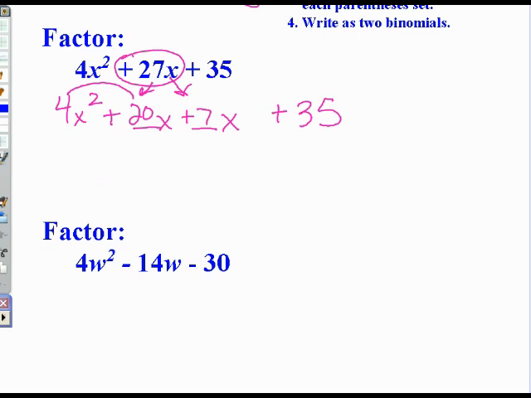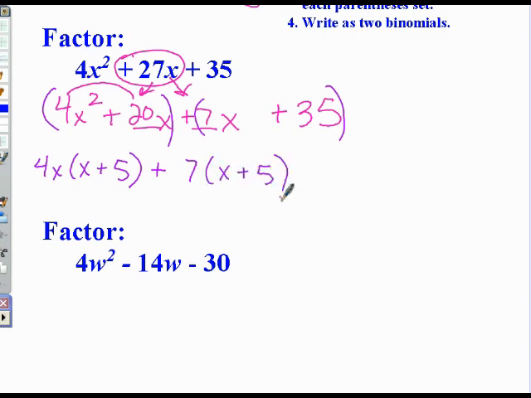So now we want to group the first two terms and the second two terms. Factoring out common factors in the first two, we can go 4x times the quantity x plus 5, plus, factoring out a 7 here, 7 times the quantity x plus 5. The fact that my binomial factor is identical, I know I did it right.